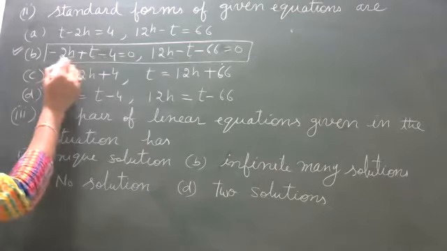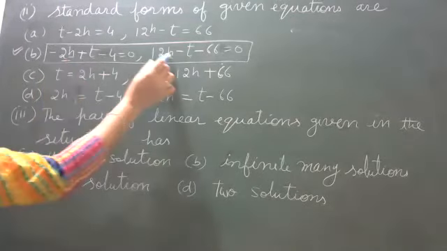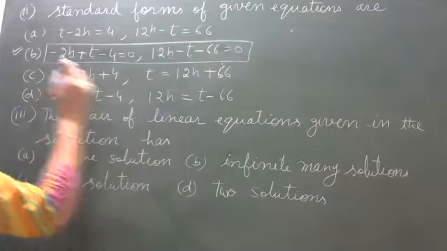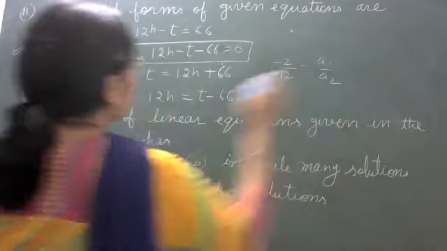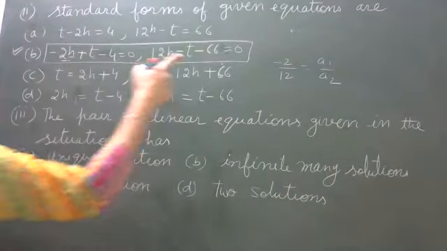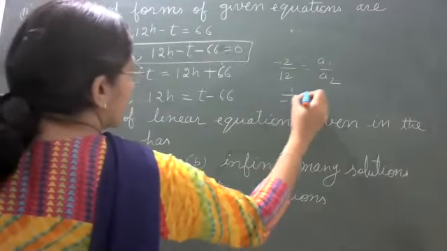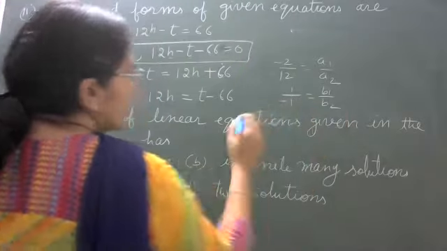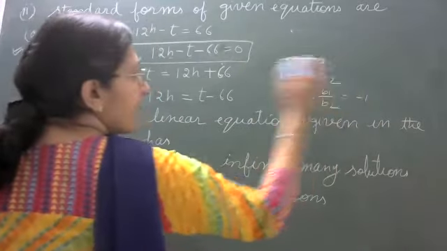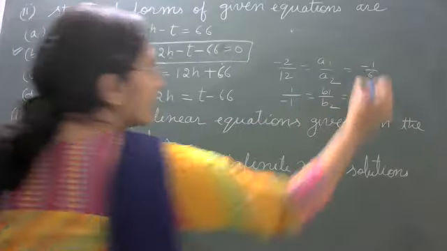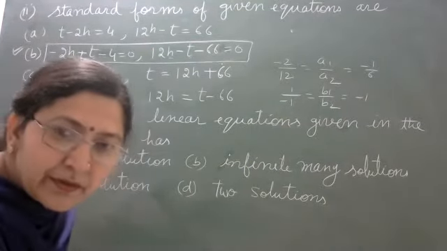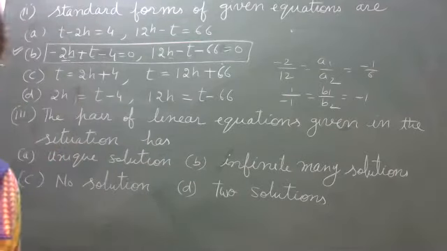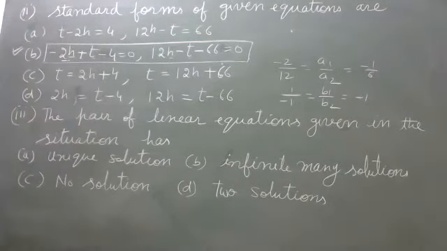Otherwise आप यहाँ से भी देख सकते हो ratio of coefficient of first variable -2 over 12 is a1 over a2 and the second is 1 over -1, b1 over b2. So it will be -1/6 and it will be -1. So both are not equal. So we can say A part, unique solution. Clear?